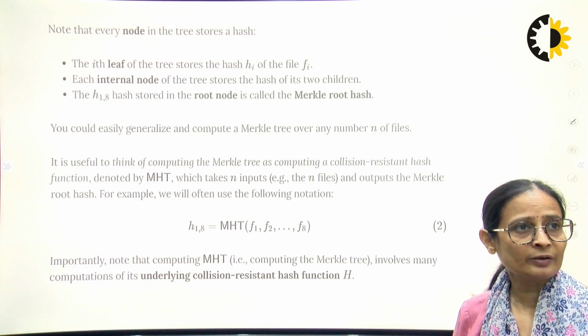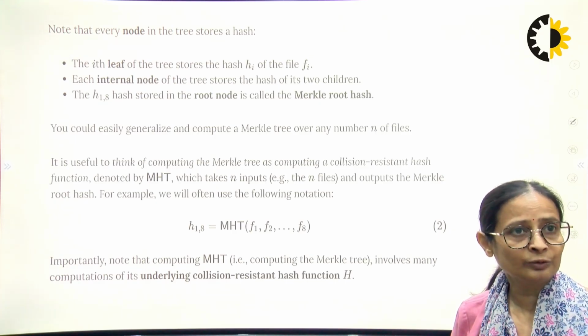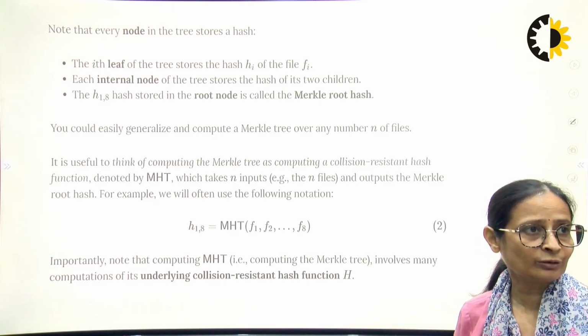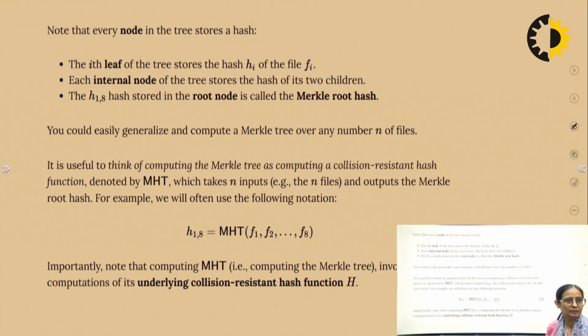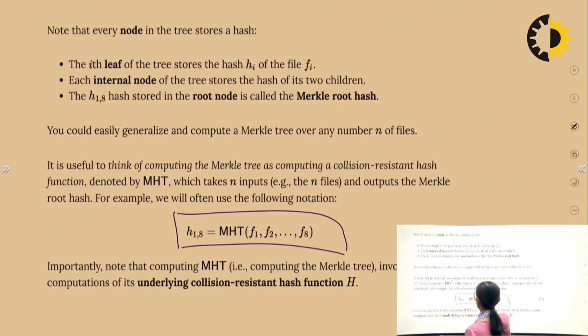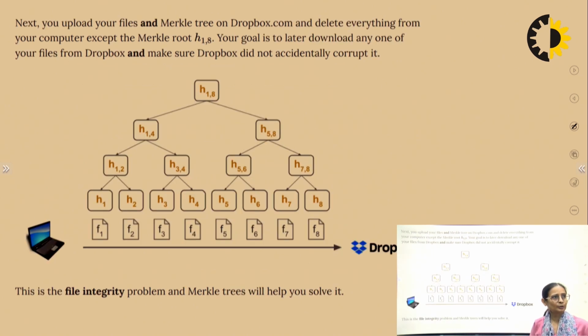You could easily generalize and compute a Merkle tree over any number of files. It is useful to think of computing the Merkle tree as computing a collision resistant hash function, denoted by MHT. So we can say that for H18, we pass these 8 inputs to the MHT, and what we get is the Merkle root.